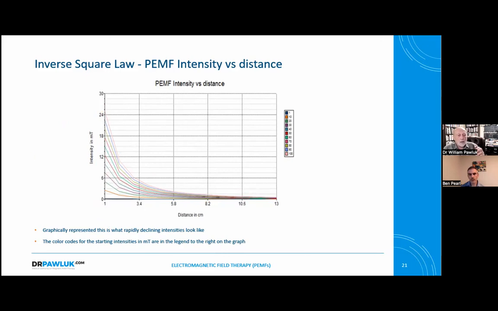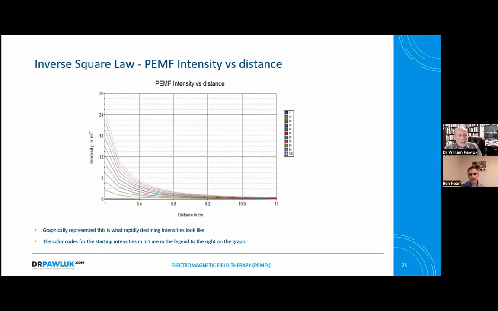And that's based on the inverse square law. So when radiation therapists are calculating the dose of radiation delivered to the body to radiate a tissue at certain depths into the body, they invoke and use the inverse square law to calculate that dose. When we use magnetic field therapy, we need to also calculate the dose into the body, where we're trying to deliver that dose, what our target tissue is for the magnetic field therapy.